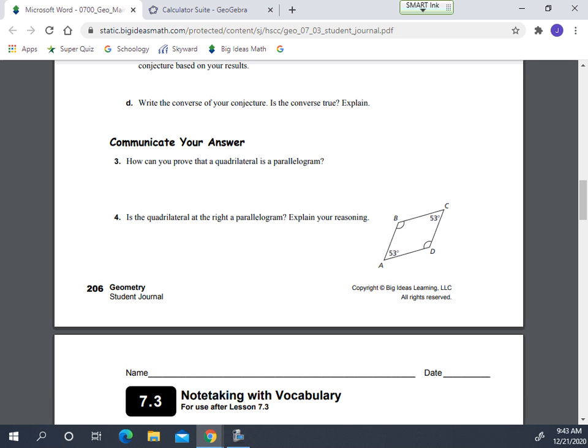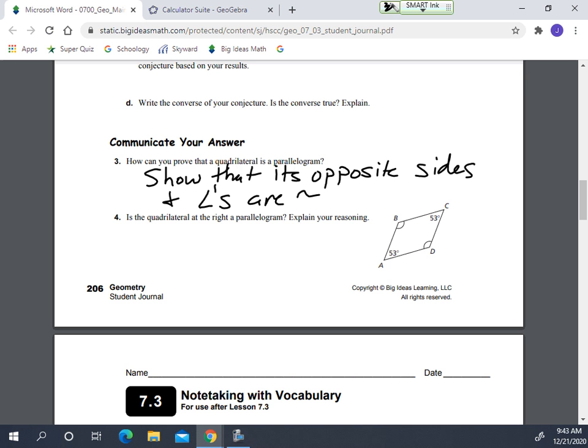Part 3 here. How can you prove that a quadrilateral is a parallelogram? Well, you can do what we just did. We can show that its opposite sides and angles are congruent.